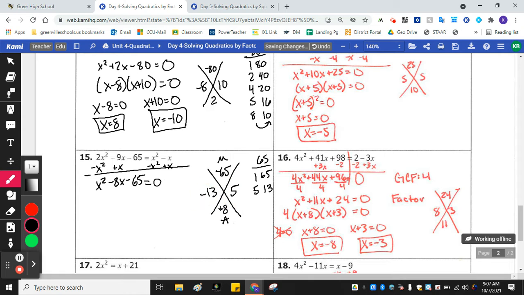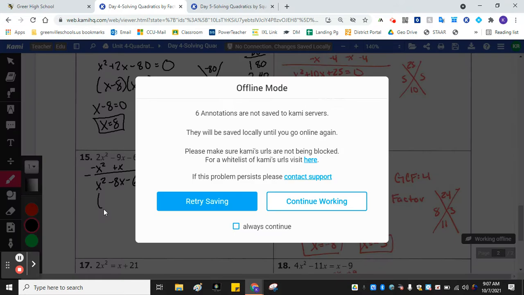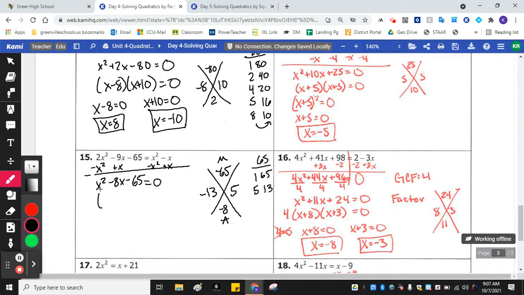Negative 13 will add to a negative 8. So I have x minus 13, x plus 5 equals 0. X equals 13. X equals negative 5.